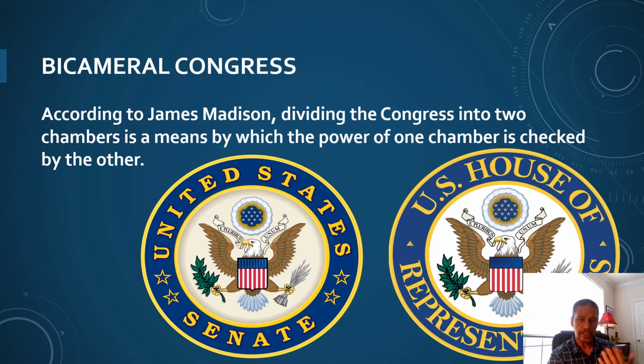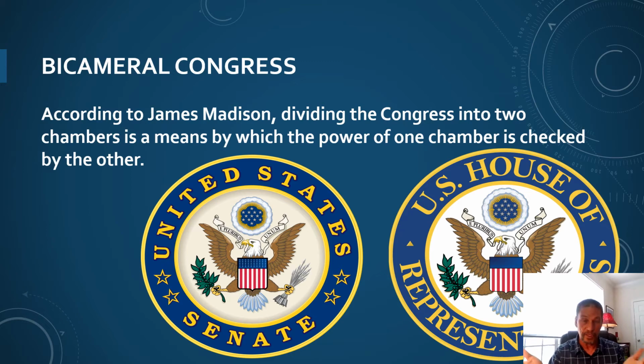Remember that the Senate represents equality between the states because every state has two people that are represented in Congress. And the House of Representatives represents not equality between the states, but disparity between the states, differences between the states, because some states have more people than others.